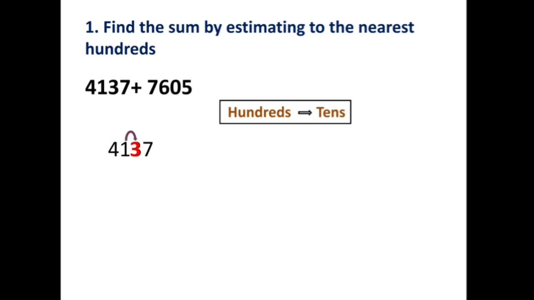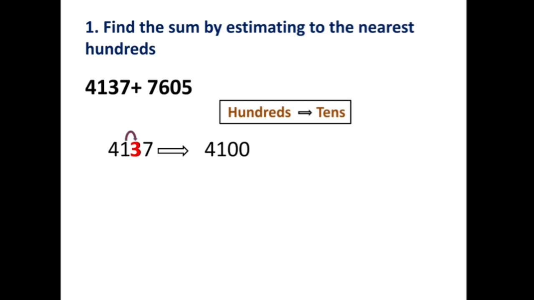So here the 1000 remains the same. 4100 is the answer. Here 4000 we are not touching. We are only doing the estimation for hundreds. Since 3 is less than 5, 1 will be the same. Tens and ones place will become 0.